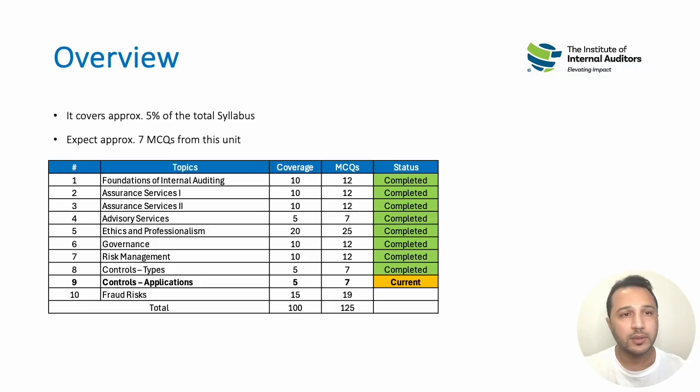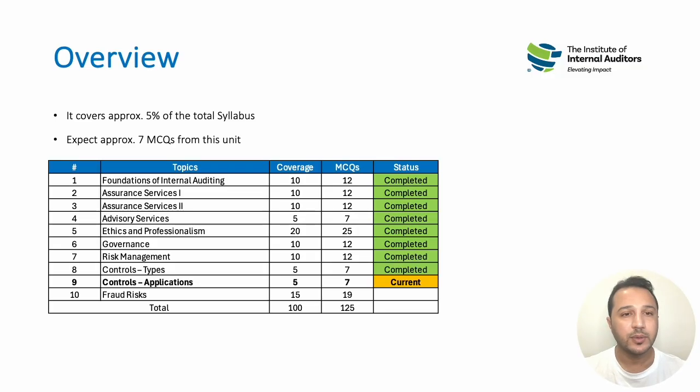This is the overall snapshot of the entire CIA units which we are covering in the CIA video lecture series. Out of 10 units, we have covered 7 units so far, and by the end of today's video lecture we would be close to 8 units, which is approximately 80% of the entire syllabus. In terms of MCQs, expect 105 MCQs to appear from these earlier units that we have already covered.